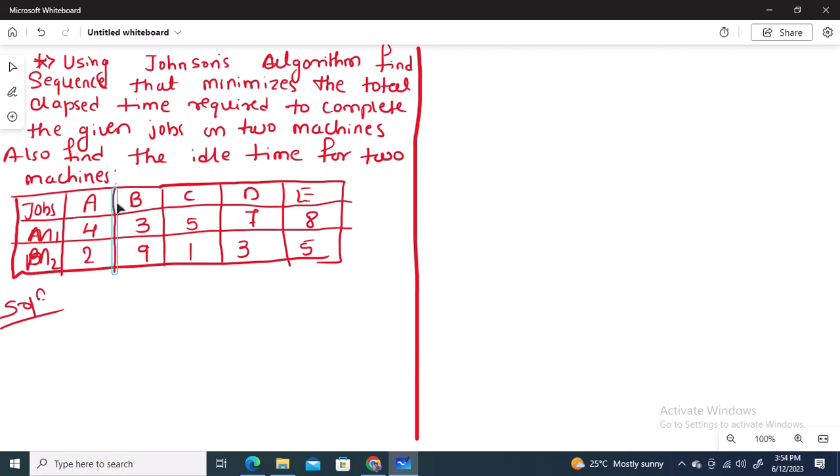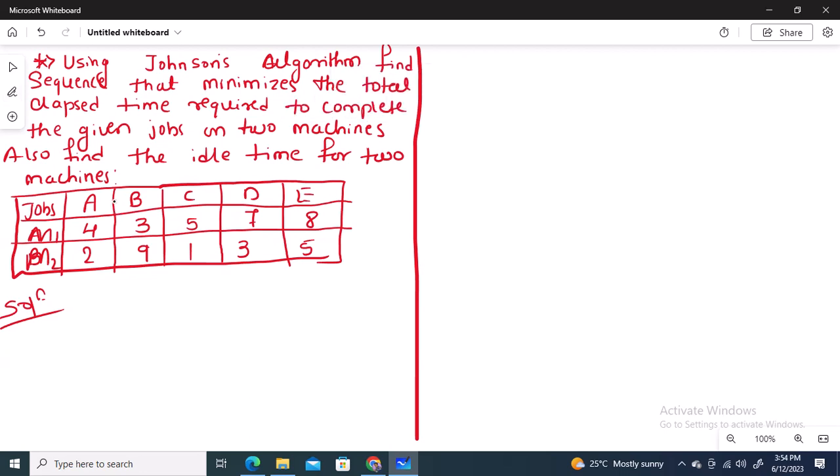There is a procedure. Whenever we have a problem on optimal sequence, the first thing we have to do is write the proper optimal sequence. How to do that? We have to construct one table.